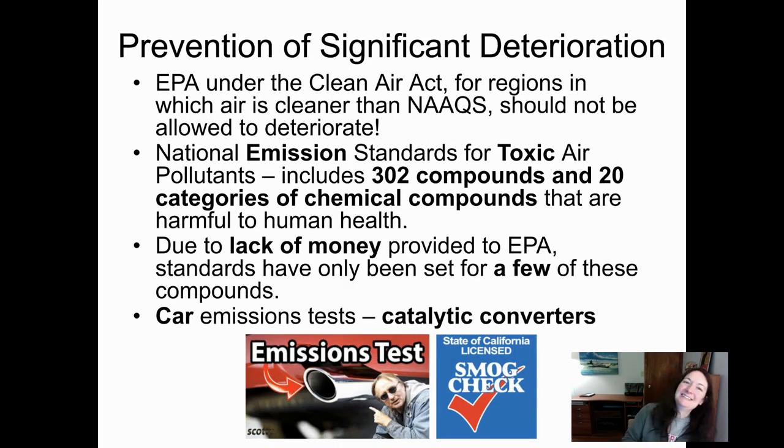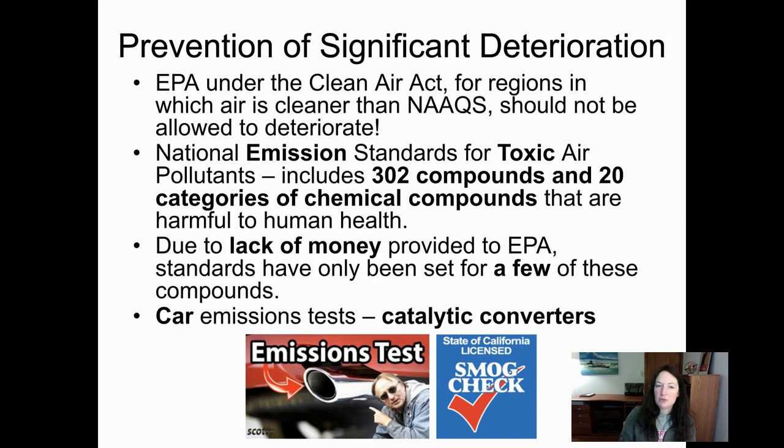Back to this slide. Under the Clean Air Act, the EPA has established certain standards, but that doesn't mean that they should let the air quality deteriorate to those standards. We've got to make sure we keep our air as clean as possible. The National Emission Standards for Toxic Air Pollutants has 302 different compounds and 20 categories of chemical compounds that are harmful to human health. But there's not a lot of money put into setting standards and enforcing standards for those compounds.